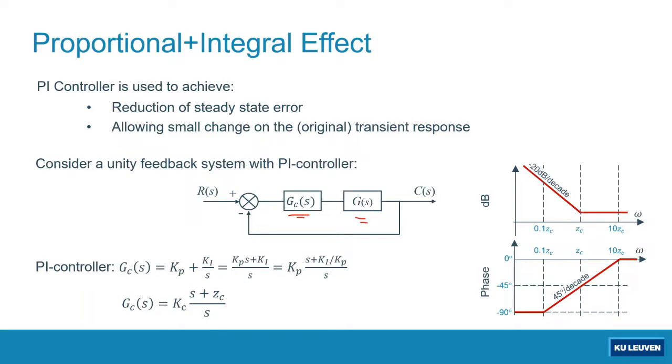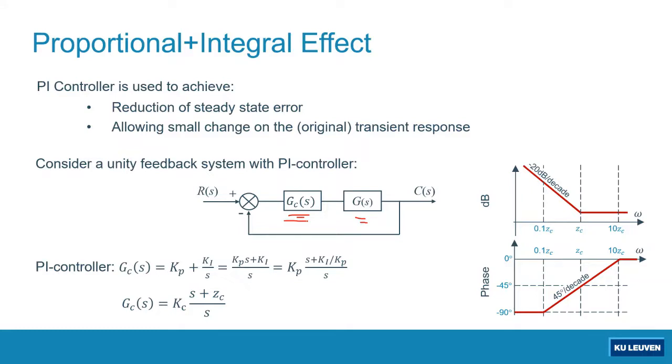In our previous discussion, the controller Gc is just simply a proportional gain. It's only a scalar value. But in this particular case, in a PI controller, your controller is not simply a scalar value, not simply a gain, but there is a dynamic characteristic of the controller itself.